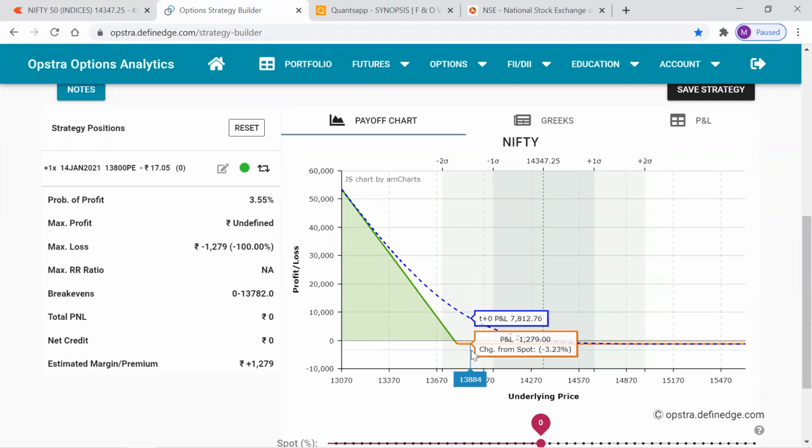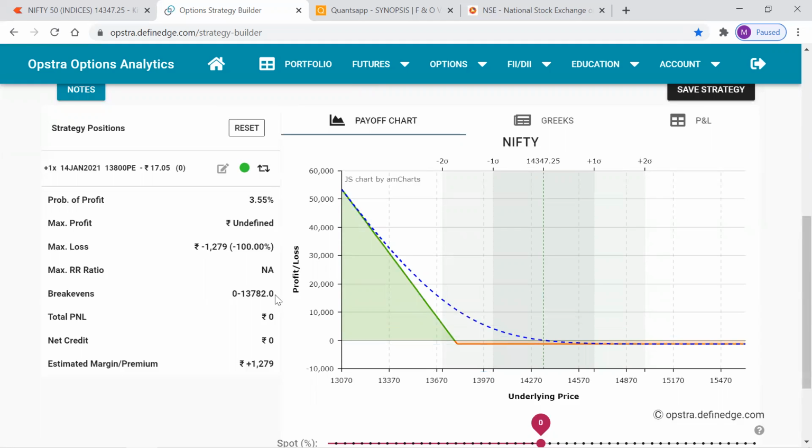What can happen in that scenario? See, this will be the loss I'm going to face, which is just 1,279 rupees. I repeat, if my view went wrong and Nifty didn't fall below 13,800 before 14th of January, I'm going to lose just 1,279 rupees, which is nothing but the premium paid.